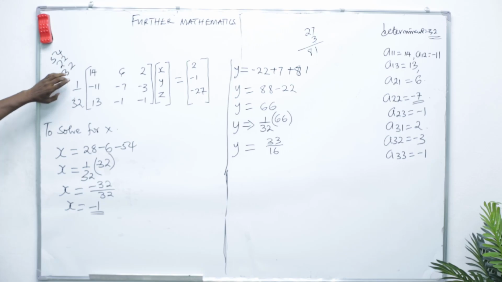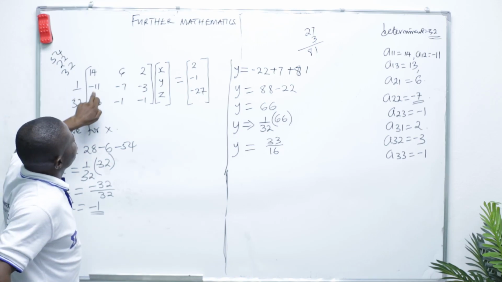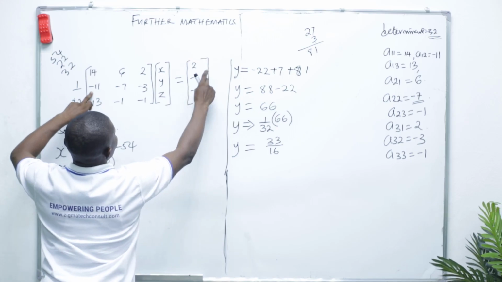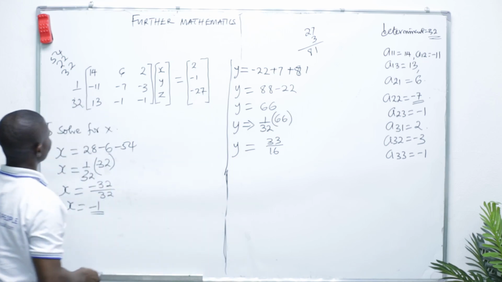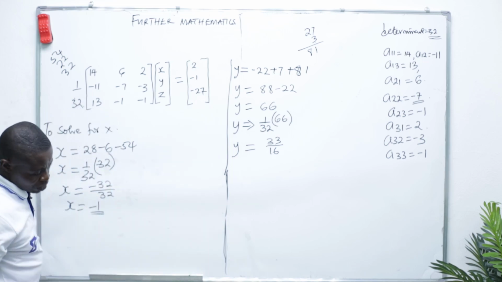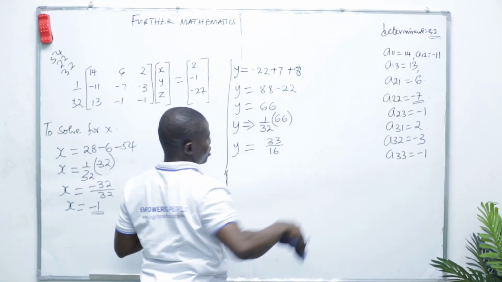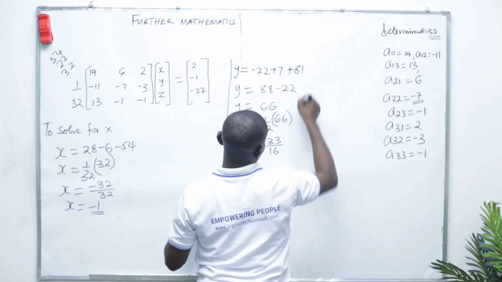So y is bringing a fractional value. Minus 22 plus 7 plus 81. Okay, I will trace where the value is trying to create this. Otherwise, it should be a whole number.